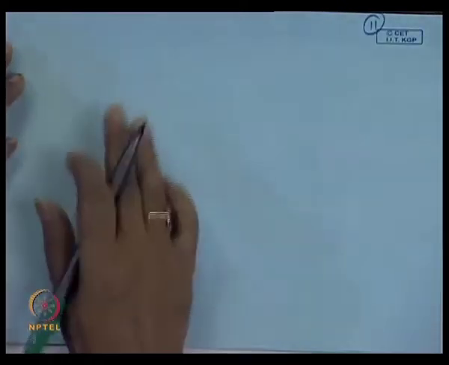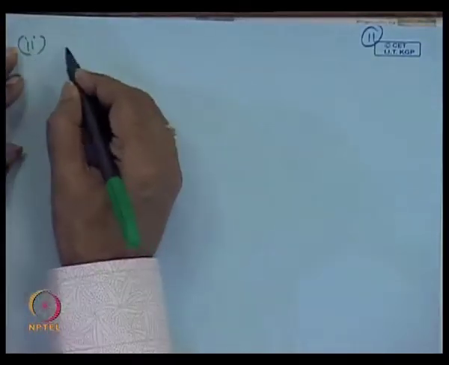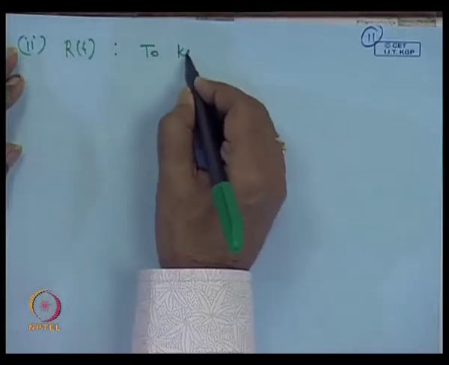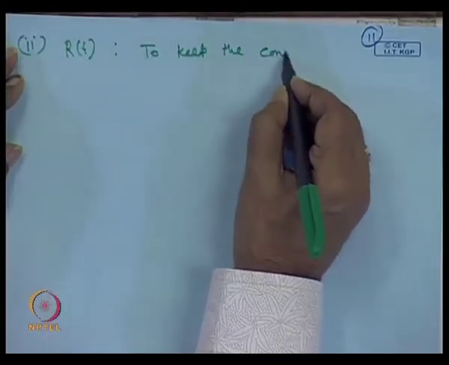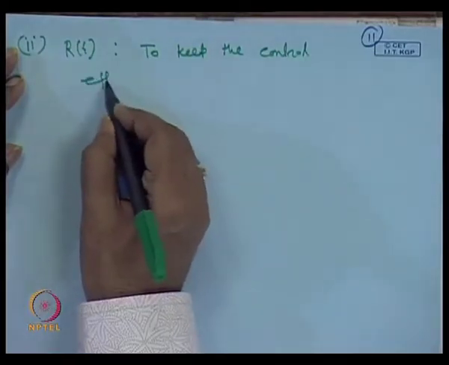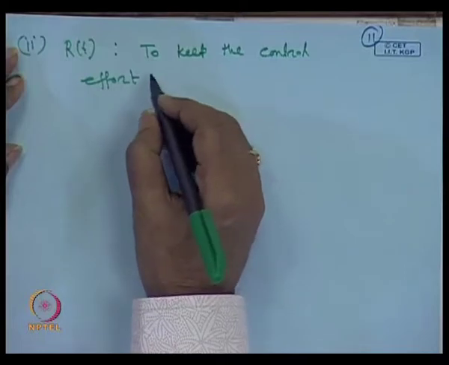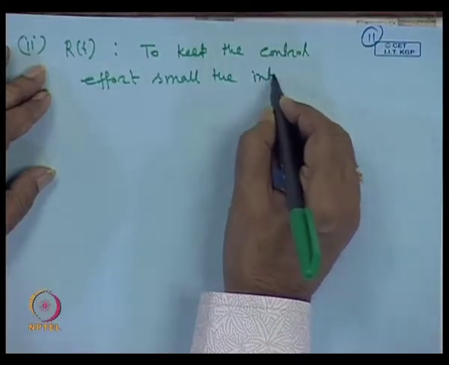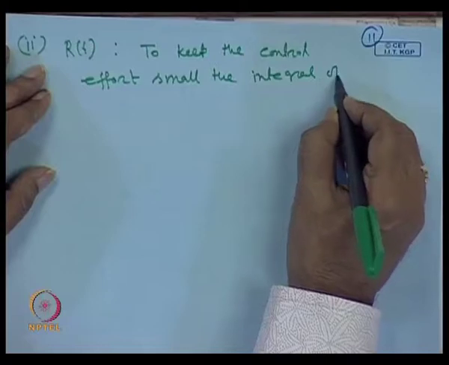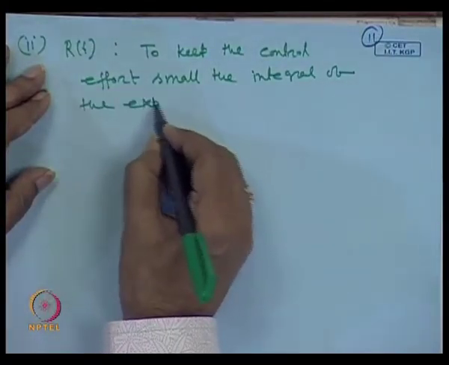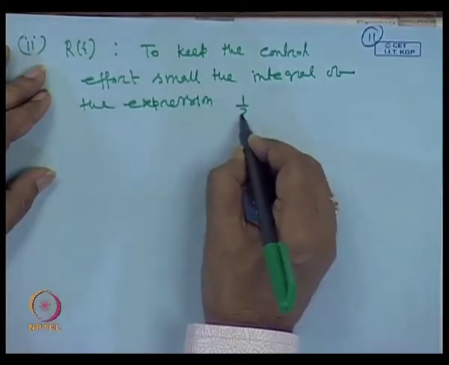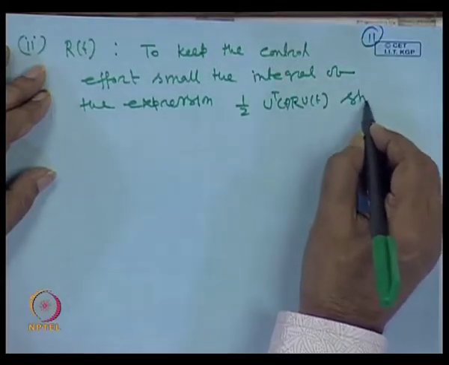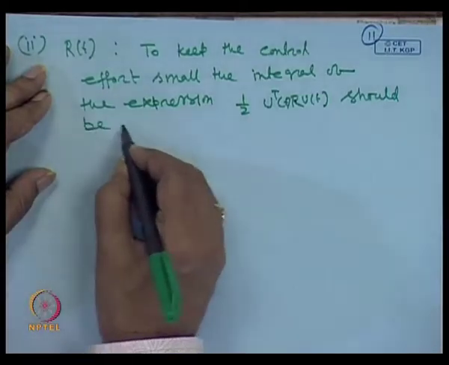Second implication is R of t, the control weighting matrix, to keep the control effort small, the integral of the expression half u transpose R u of t should be positive small.